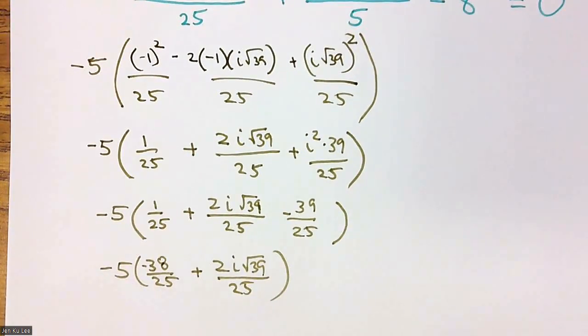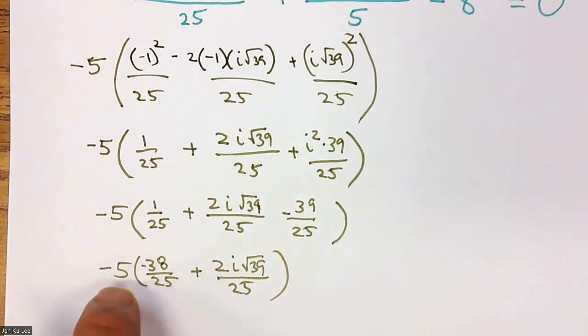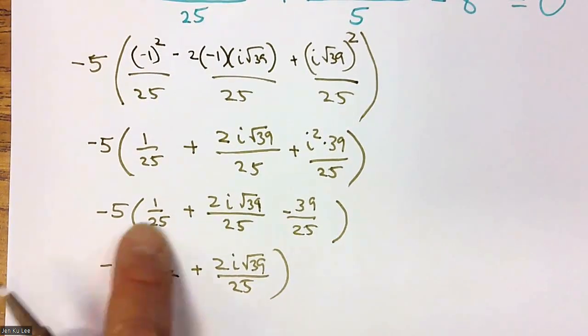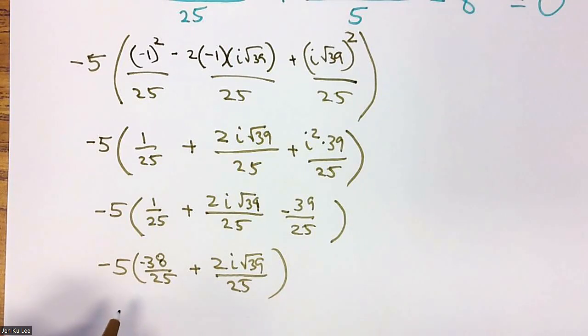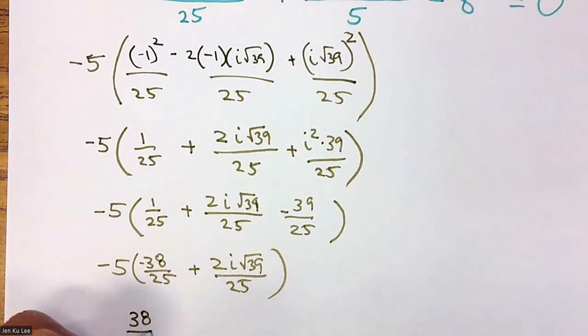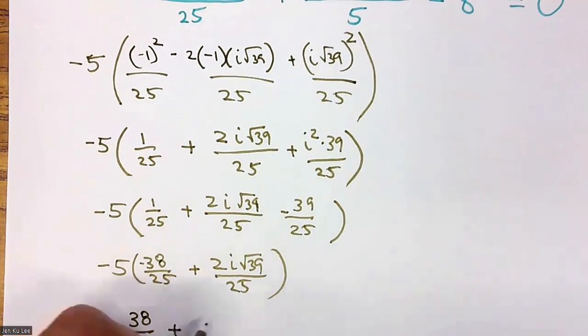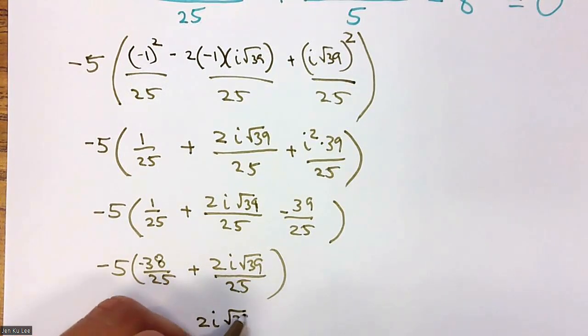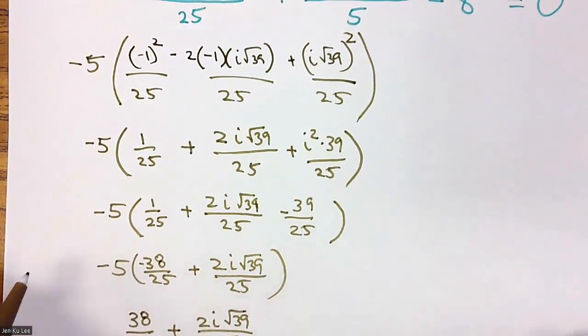So if I plug this back in, I'm just going to get positive 38 over 5 plus 2i square root of 39 over 5.